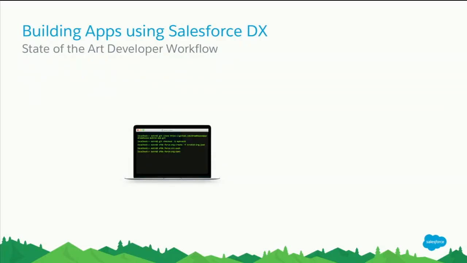So we listened to you and listened to the requirements that you had for team development, and we decided to come up with a completely new developer experience that we call Salesforce DX. I will quickly describe how that works, because it's really brand new, and then, of course, we'll see it live in a demo.